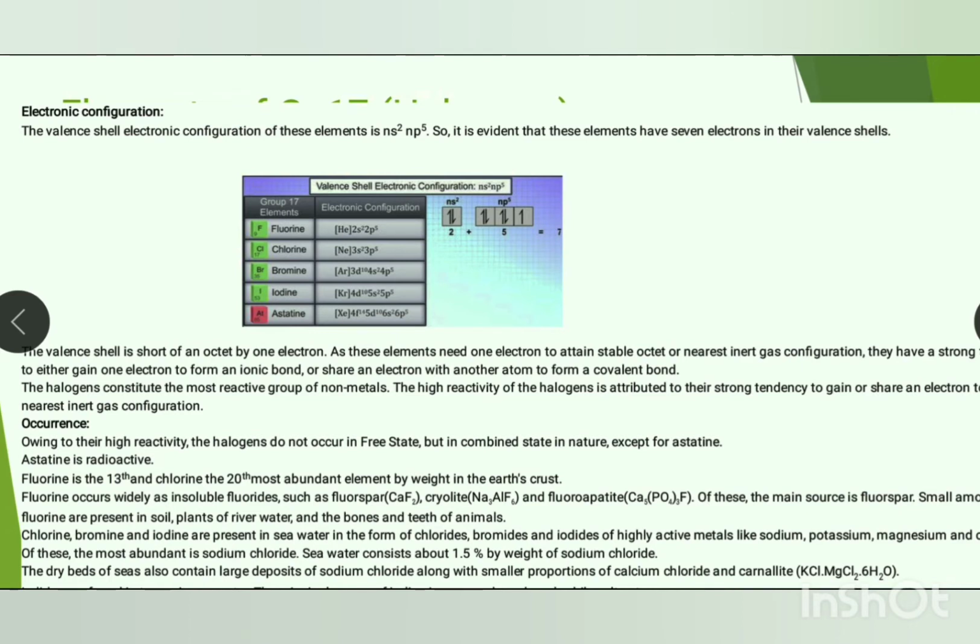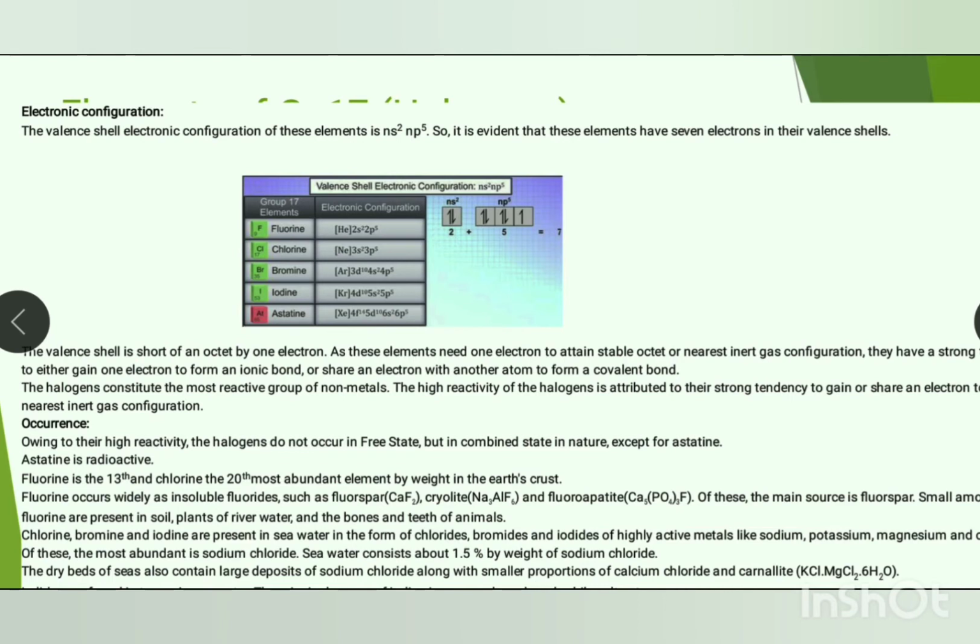Fluorine occurs mainly as insoluble fluorides such as fluorspar, CaF2, cryolite and fluoroapatite. Small quantities of fluorine are present in soil, plants, river water, and bones and teeth of animals. Chlorine, bromine and iodine are present in seawater in the form of chlorides, bromides and iodides of sodium, potassium, magnesium and calcium.